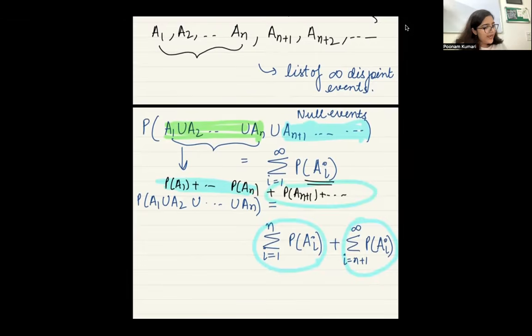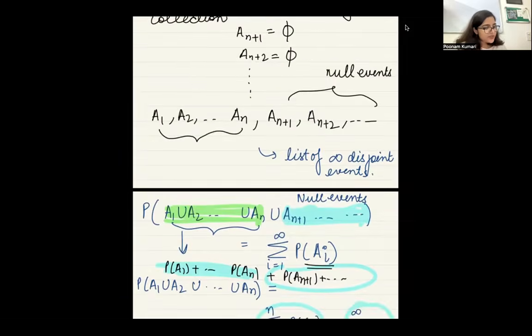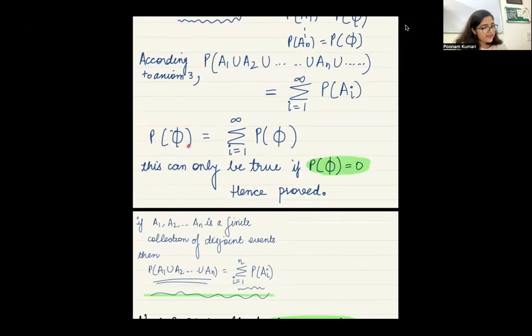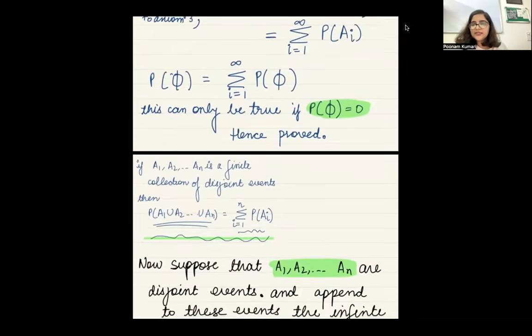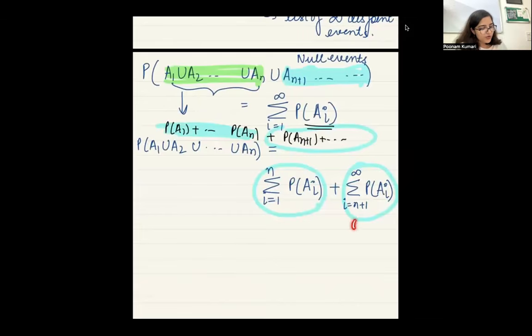All these events after n plus 1, including n plus 1, are null events, and I have just proved that the probability of a null event is 0. So if you keep adding 0, 0, 0 infinite times, you get 0 only. So this part is 0, and the other part is the summation, i going from 1 to n, of probability of Ai.